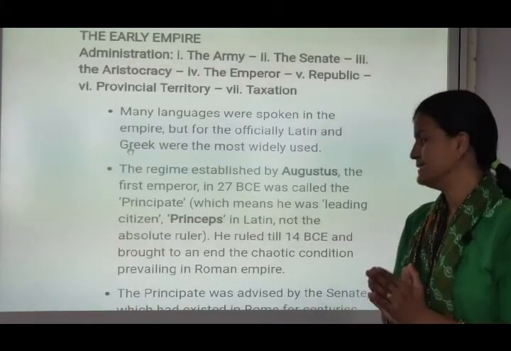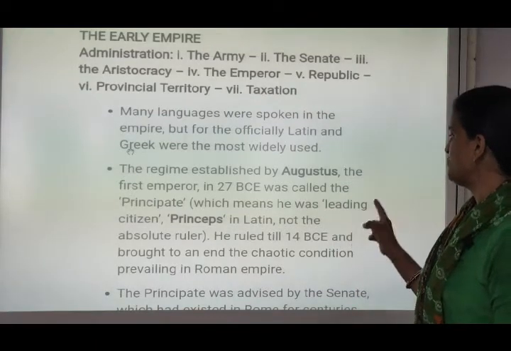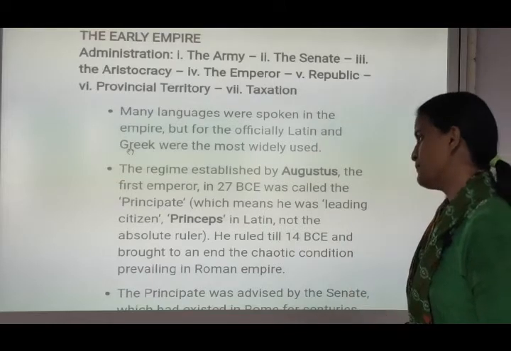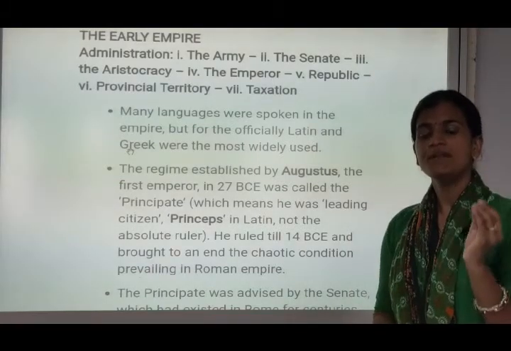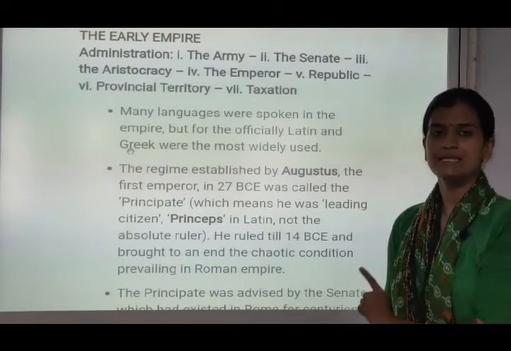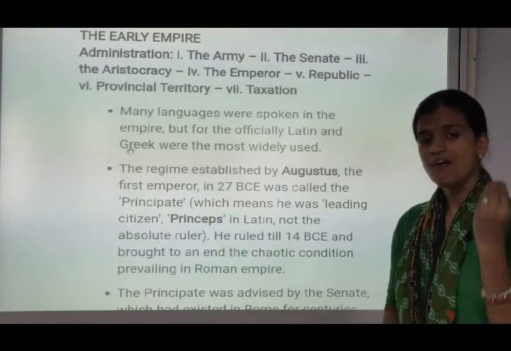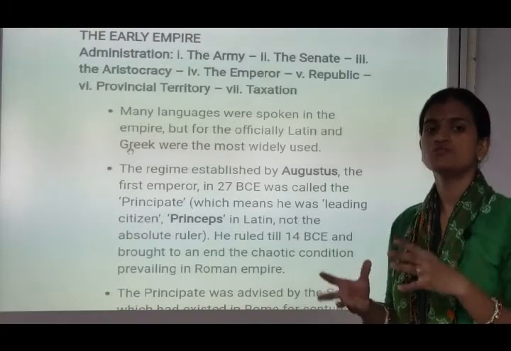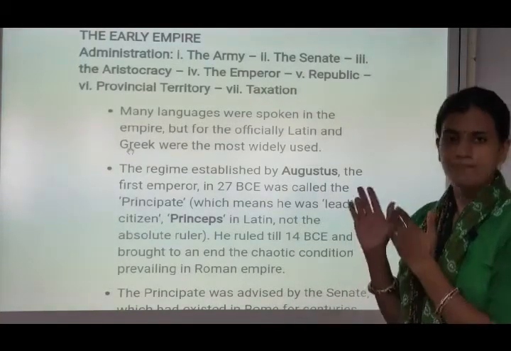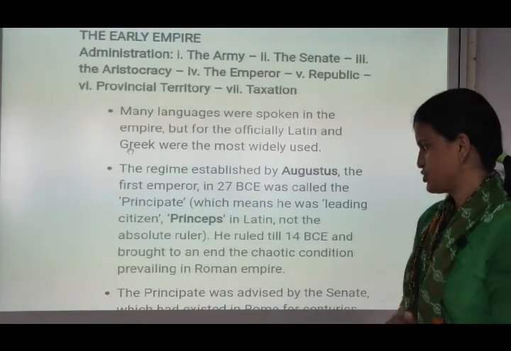He ruled from 27 BCE to 14 BCE and brought to an end the chaotic condition prevailing in the Roman Empire. But after that, some problems, some confusion, some chaos spread across the Roman Empire and his rule ended.